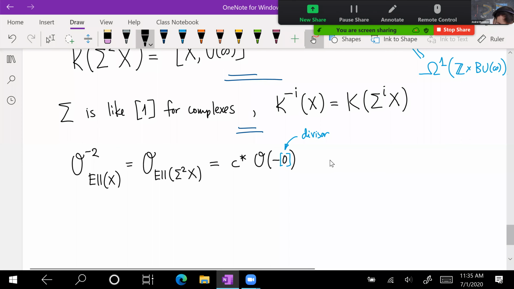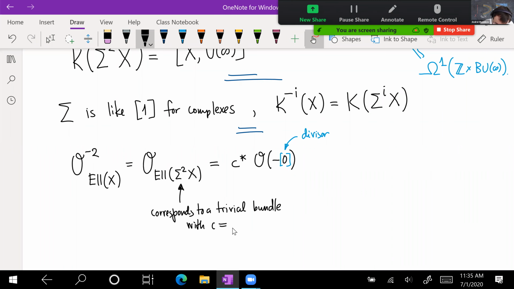This corresponds to a trivial bundle, a trivial bundle meaning C equals 0.